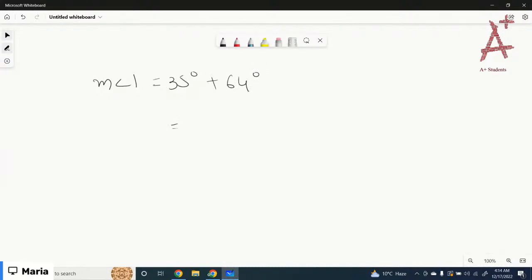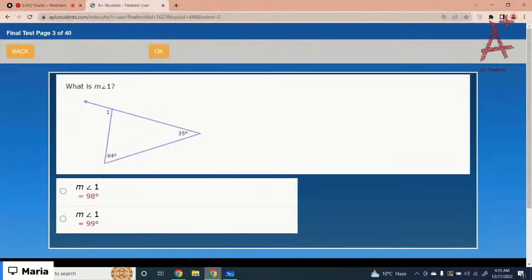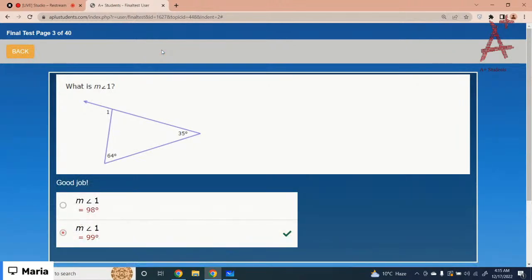That is the exterior angle theorem. So you add them, 35 and 64, and that would be 99 degrees. So just select the correct option, then click on the OK button.